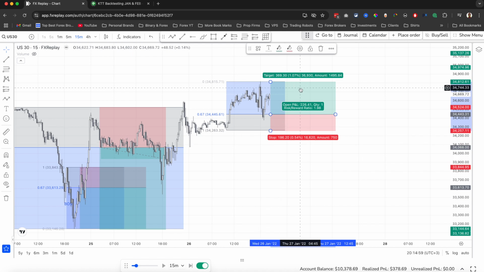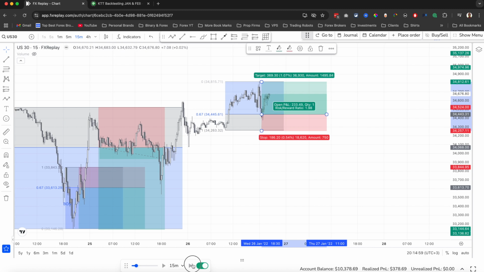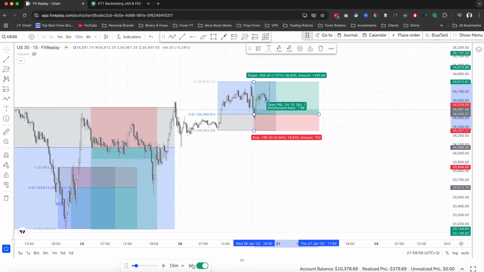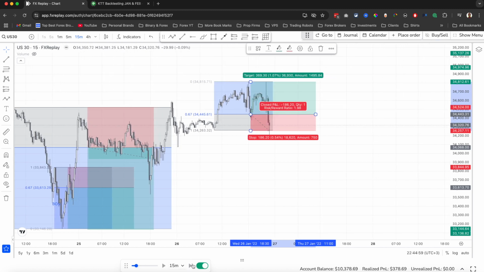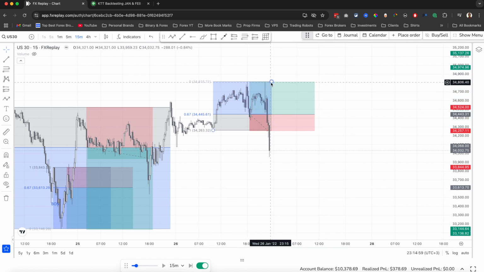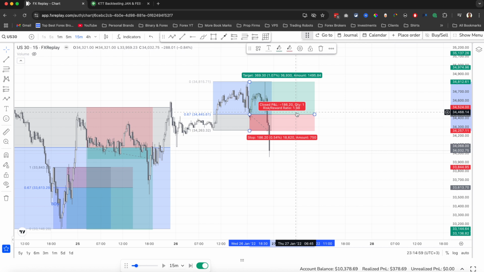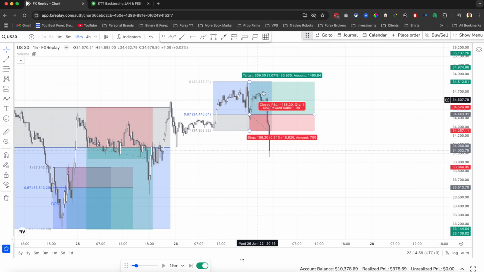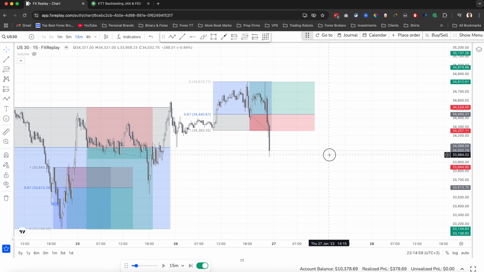The price has tapped into our trade. Did the price wick us? No. You see, the price went up as if it was a blast, but then came down, right?